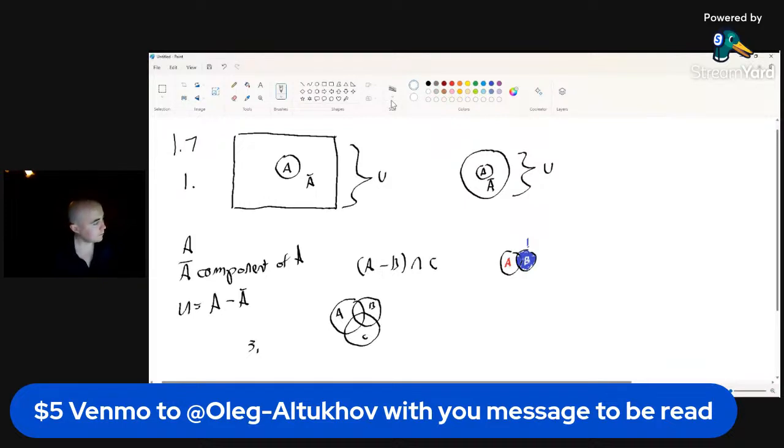That's B. So basically, B takes its chunk out of A, and A continues to exist with what's left. That's called subtraction in this case. We're taking whatever is in B, even though if A and B were separate, they had nothing in common, like the universe.